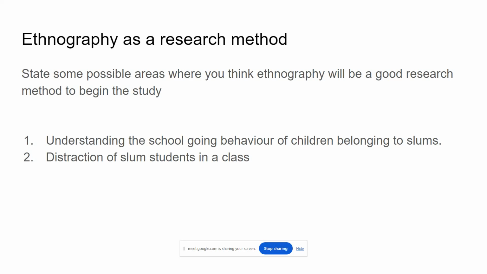If you really want, obviously you can go deep into it and see why the students are so worked up in their heads. Why are they not calm enough so that they can pay attention in the class, right? If you really want to know about that aspect as well, then the slum aspect would come into the picture again.